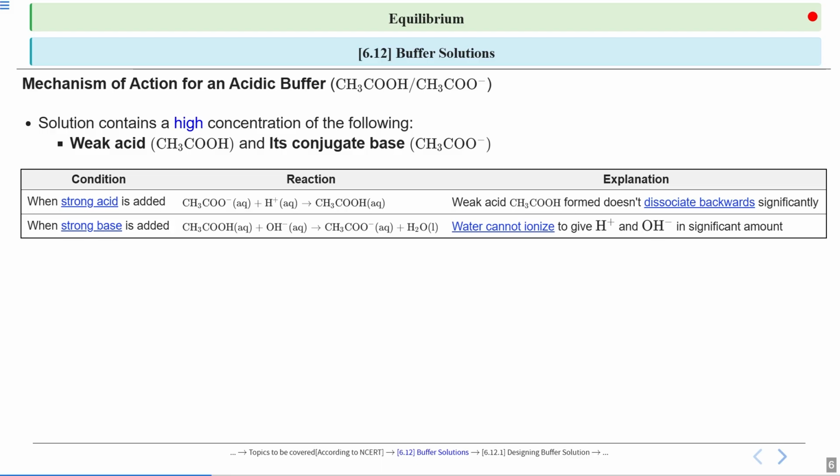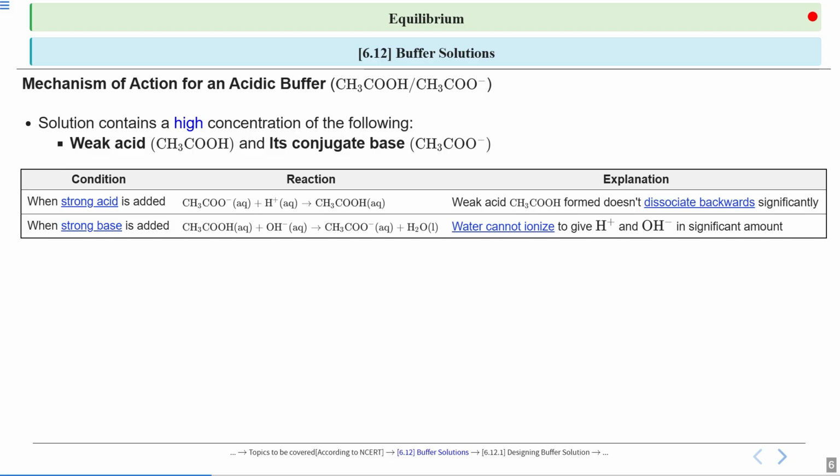Then maybe you would be dissociating this acetic acid back to give you 0.0001 mole or something like that. Means the thing which is taken up by the acetate ion and the thing which is given by the acetic acid has a very large difference. So this is due to the small fraction of dissociation for acetic acid.